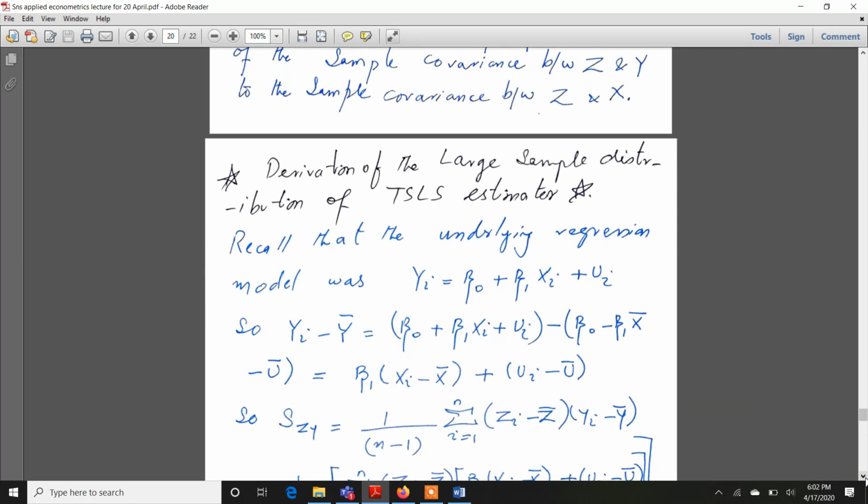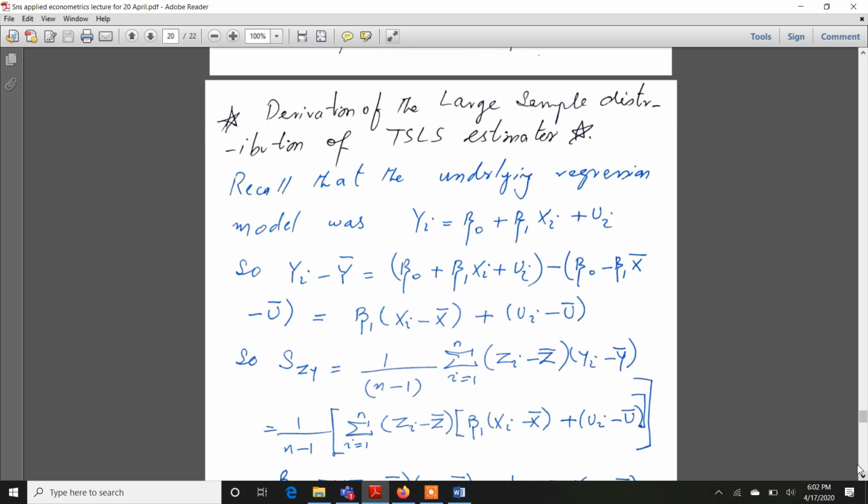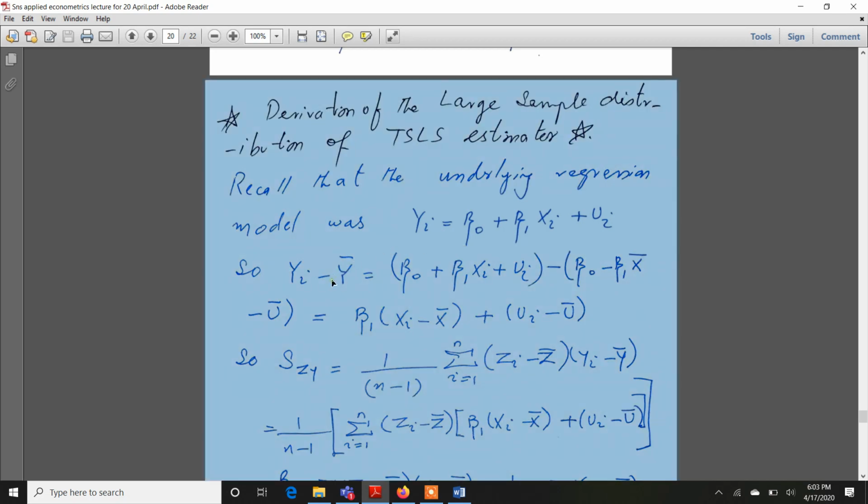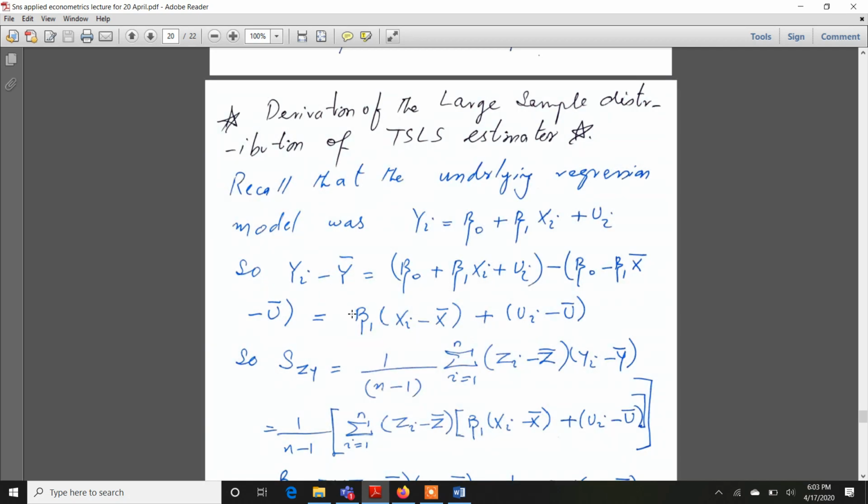Now we have the derivation of the large sample distribution of the TSLS estimator. Remember that the underlying regression model, the actual regression model we were targeting, was y as a function of x. But then we moved towards the TSLS because of the issue of endogeneity or simultaneous equation bias. But the underlying equation was this. So I can rearrange yi minus y bar equal to this.